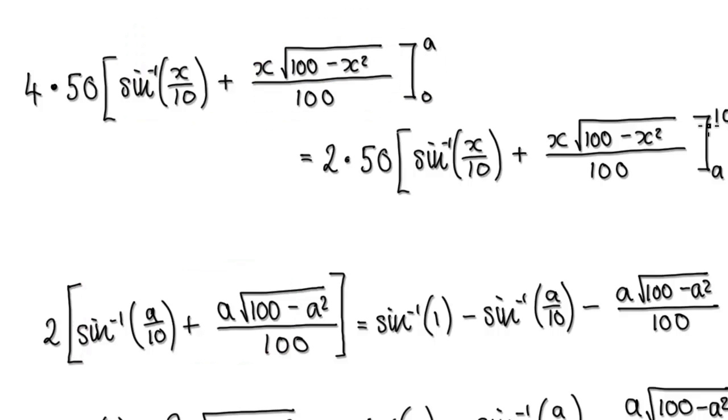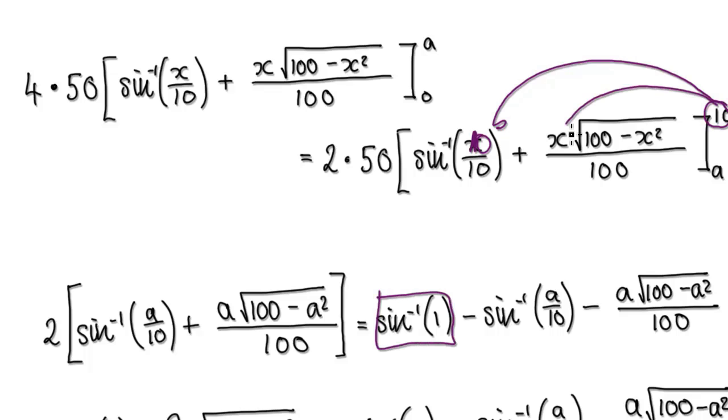So now on the right hand side, if you put a 10 into here, that will be 10 over 10, which will then give you this thing here. Put a 10 into here, put a 10 into here. Don't forget, 10 squared is 100. 100 take away 100, that will be 0.